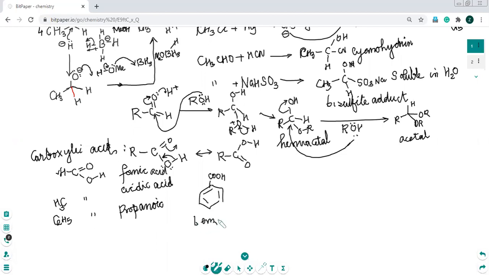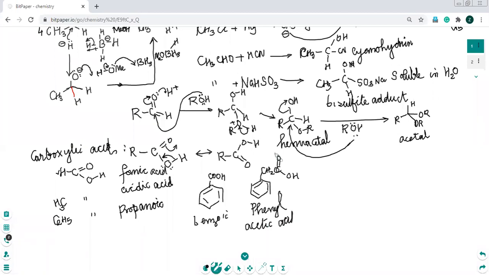Then you can have, see here, suppose I have one more CH2 here, CH2 C double bond O. Then this is called phenyl acetic acid.